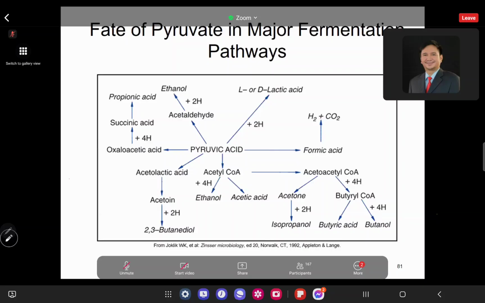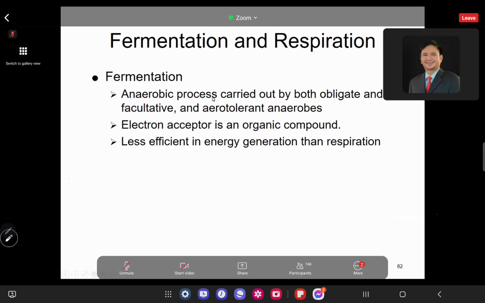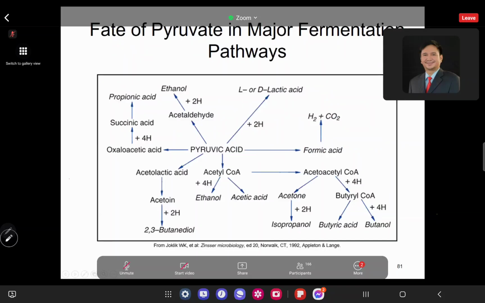Now, what would be formed with alcohol fermentation? It will form ethanol and carbon dioxide. So other pathways can form propionic acid, succinic acid, acetic acid, butyric acid, and various alcohols like butanol and isopropyl alcohol.